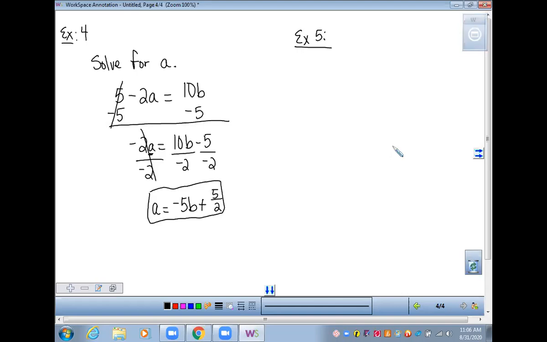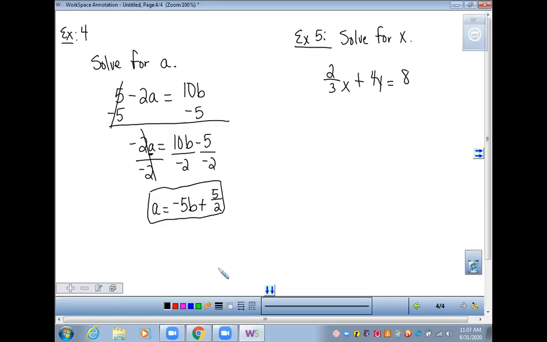Let's see. Okay, so we want to solve for x if we've got 2/3 x plus 4y equals 8.